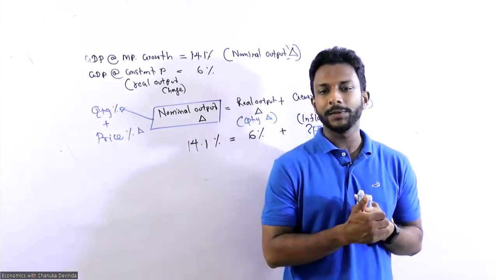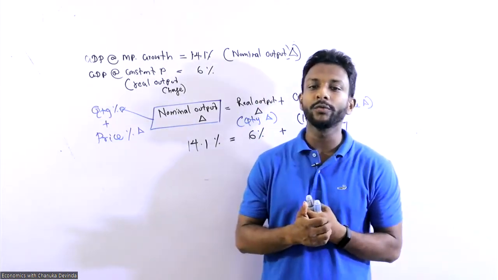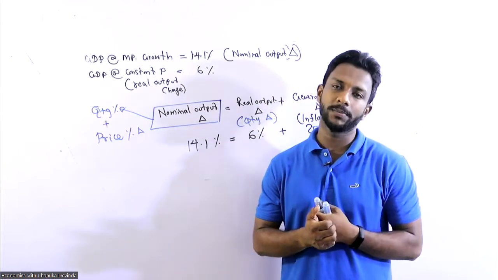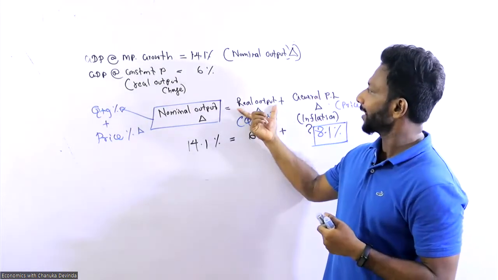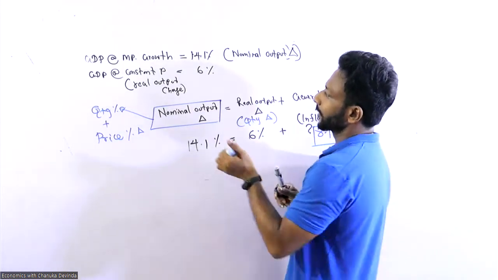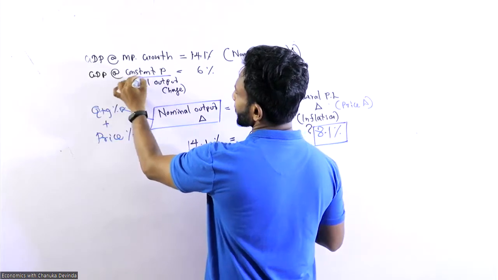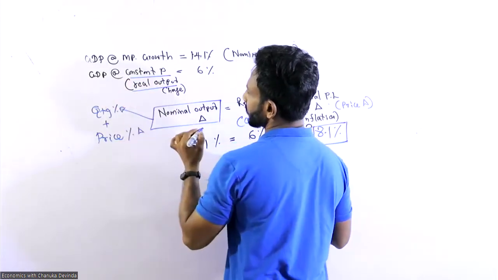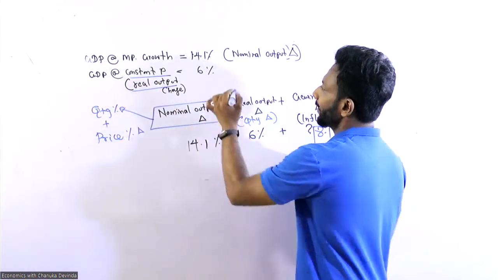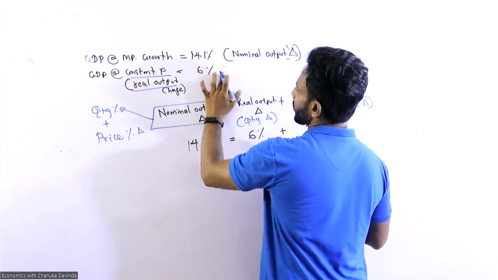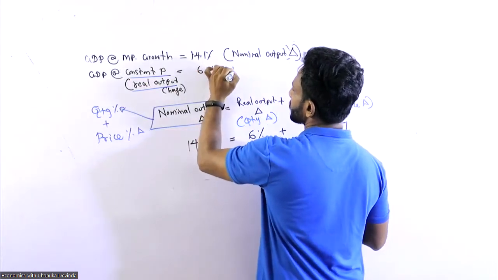Right. Fixed price GDP is calculated by removing the inflationary effects from GDP. That means GDP at constant price is the fixed price or real output. It is only output change, right?